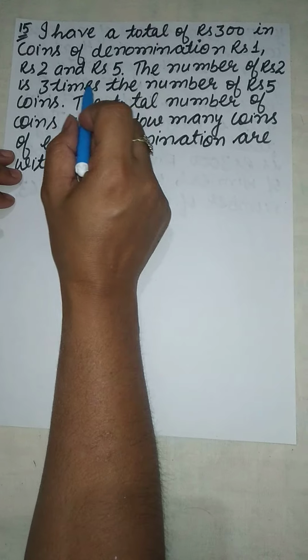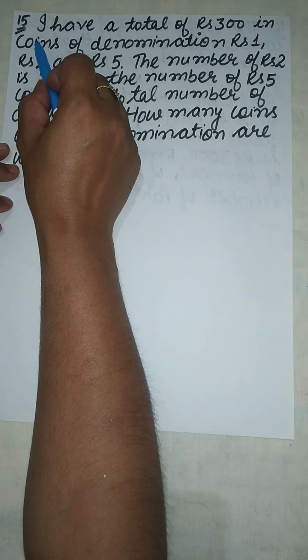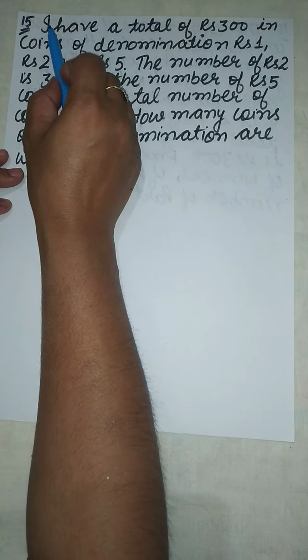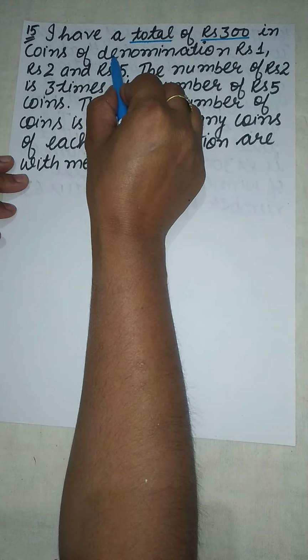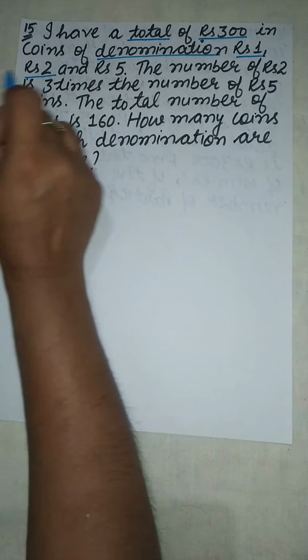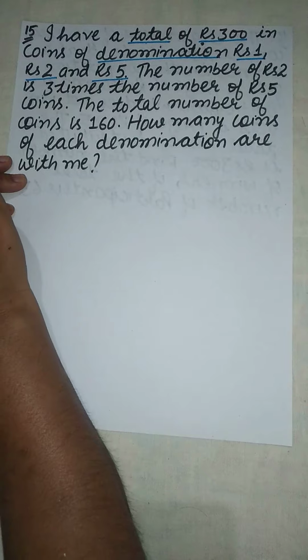Question number 15 is again of the same type. In this question, I have a total of rupees 300 in coins of denomination rupees 1, rupees 2 and rupees 5.